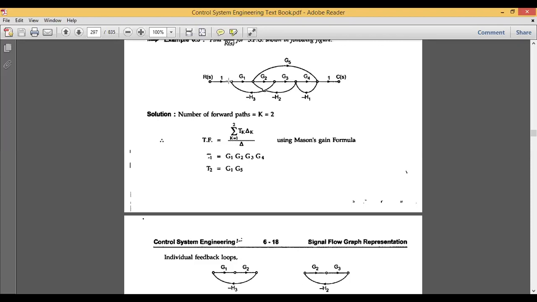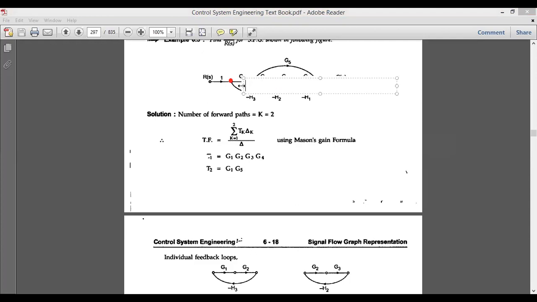Let us represent it by L1. Similarly we have L2 and L3 here.